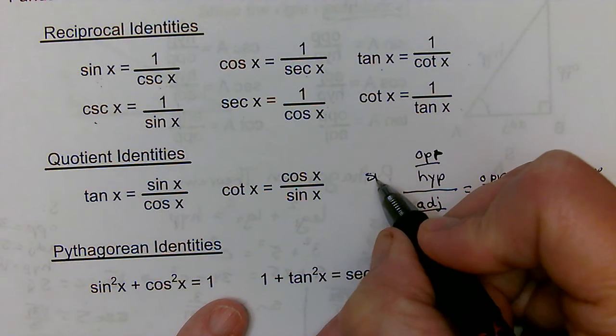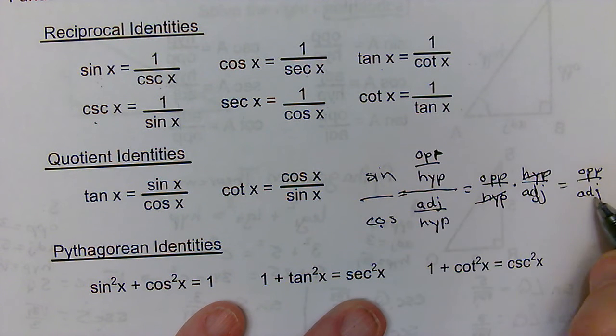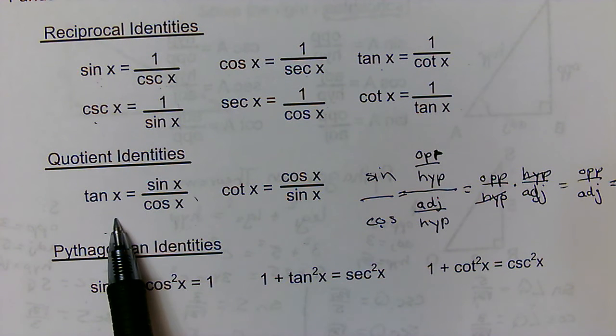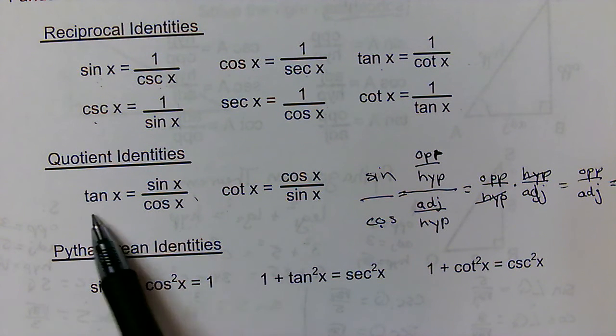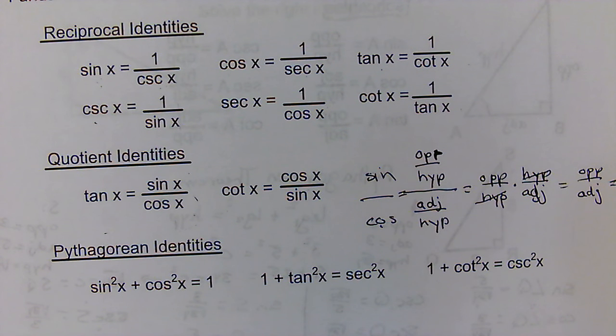This was sine, this was cosine. Sine divided by cosine is equal to tangent. So that's a quotient identity. Cotangent is just the reciprocal of tangent, so if tangent is sine over cosine, then cotangent is just the reciprocal. You just flip it over.